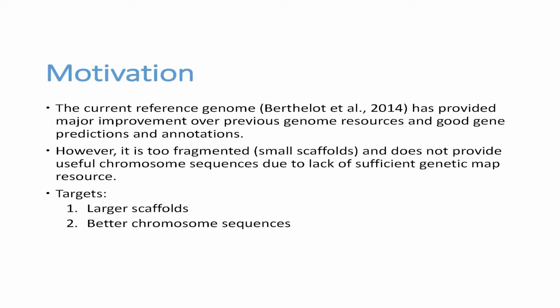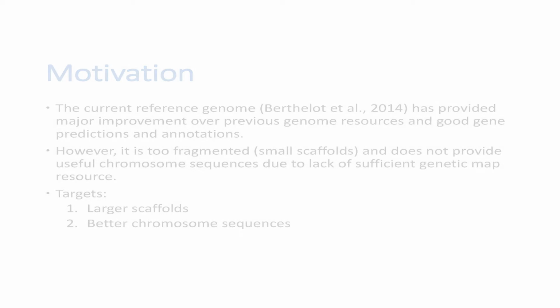This is what we call the current version of the rainbow trout genome assembly. When we use it, we feel it did a good job in gene discovery and annotation.